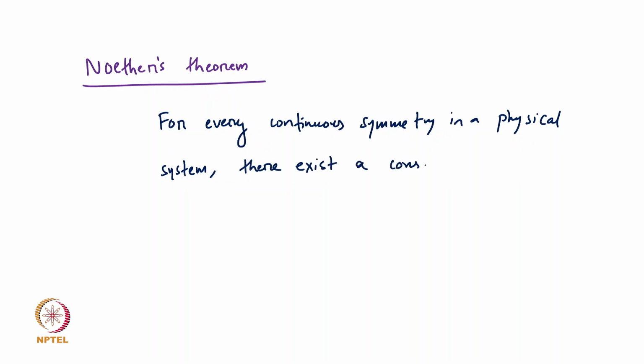This is a profound theorem that was discovered by German mathematician Emmy Noether. She discovered that if a system has a symmetry, there must be a specific quantity, like energy or momentum, that stays constant with time.